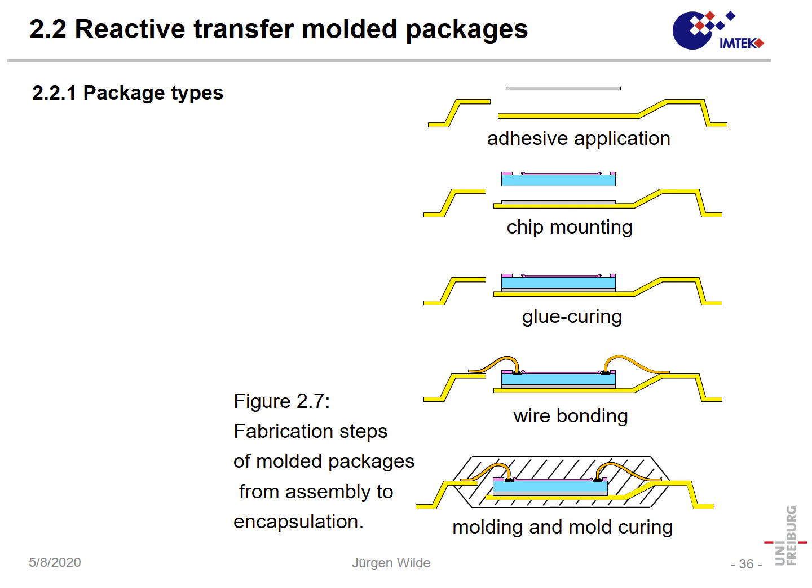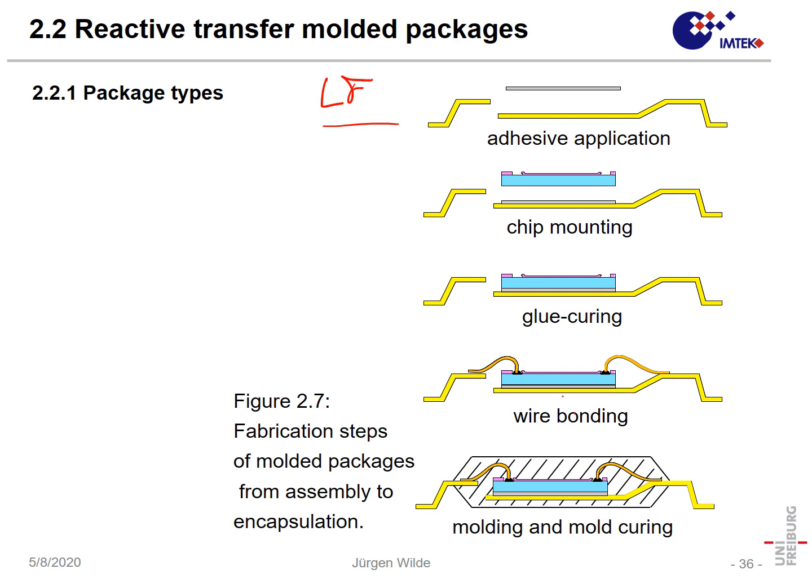How do we produce it? The first step, we start with a lead frame. That lead frame can be bent, but normally it's flat. On the lead frame, we put some adhesive.